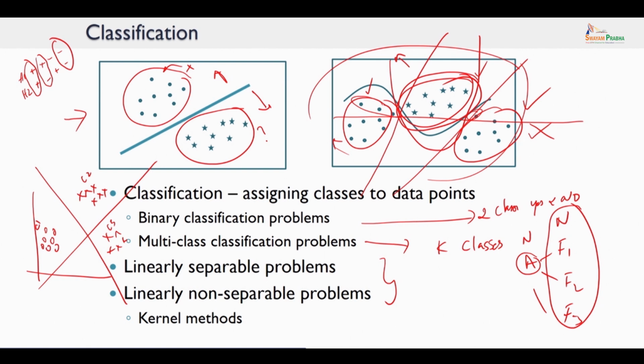So, in this multi-class problem, where I have 3 classes, if I could have data belonging to one class falling here, data belonging to another class falling here, and let's say the data belonging to the third class falling here, for example, then I could use these two hyperplanes and the corresponding decision functions to be able to classify this 3-class problem.